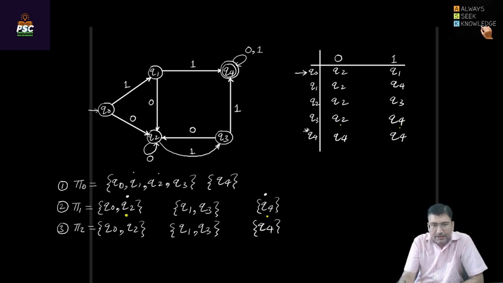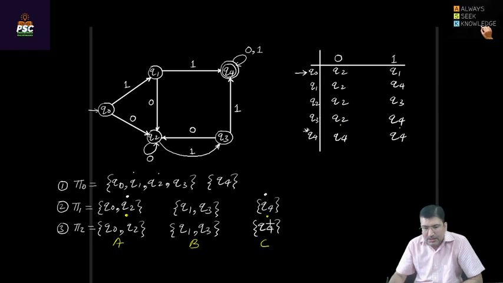So let's say this state I name as A, this is B, and this is C, and C will be your final state. So the combination of these two states I am defining as a single state. Initial will be whichever set contains the initial state, so this A state will become the initial one. So let's say I am drawing the automata.